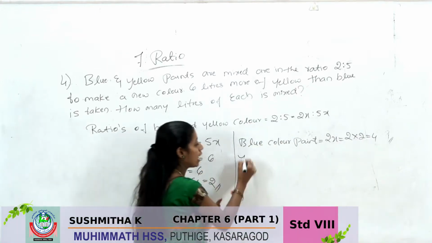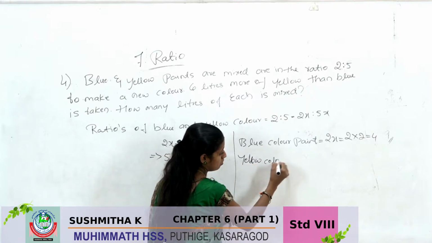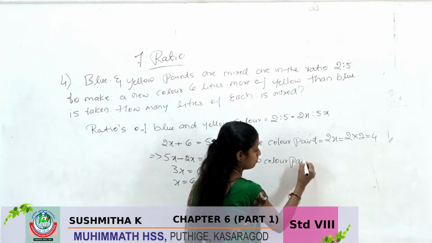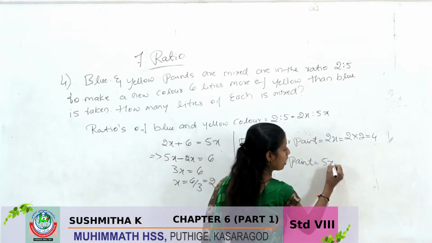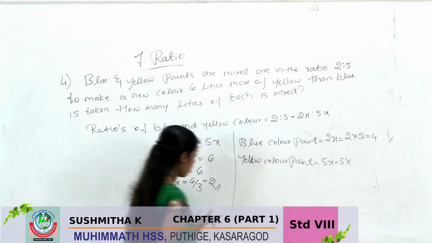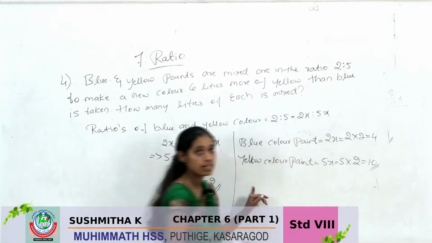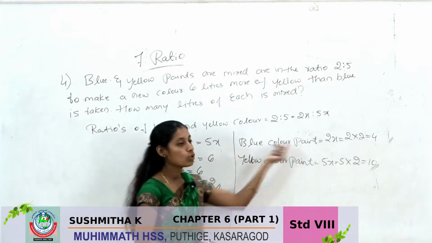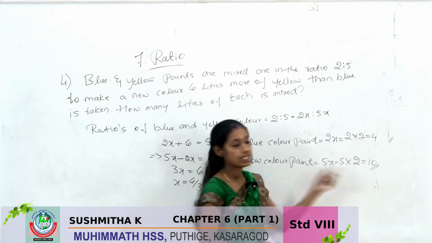Same as the yellow color paint, the ratio is 5x, that is 5 into 2 is 10. So the blue color paint is 4 liters and the yellow color paint is 10 liters.